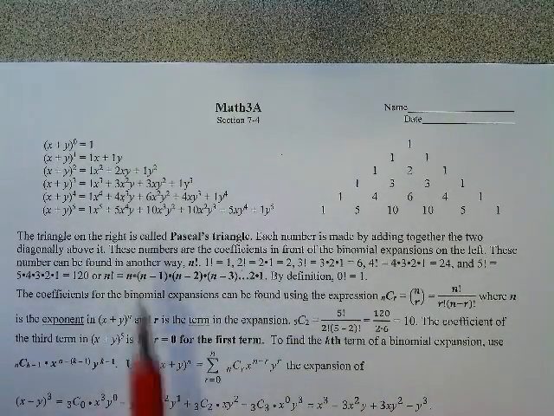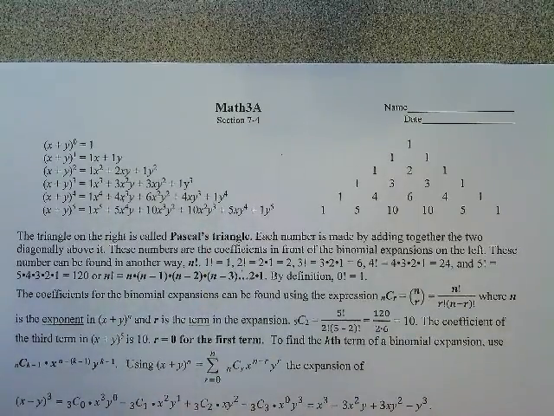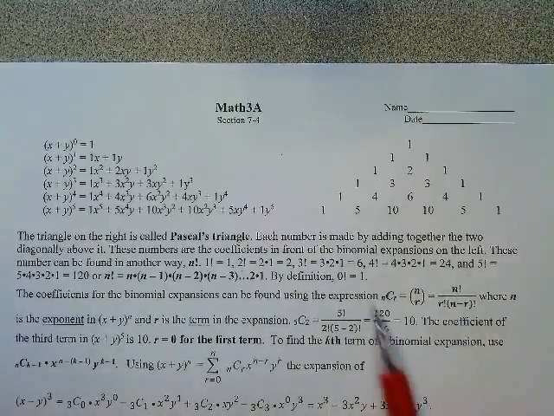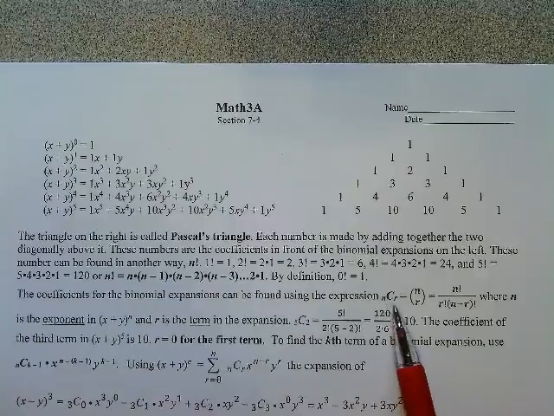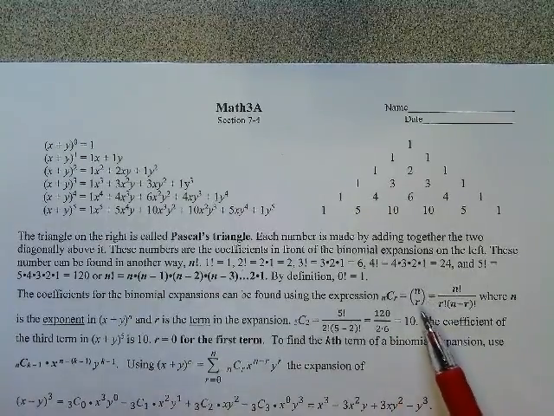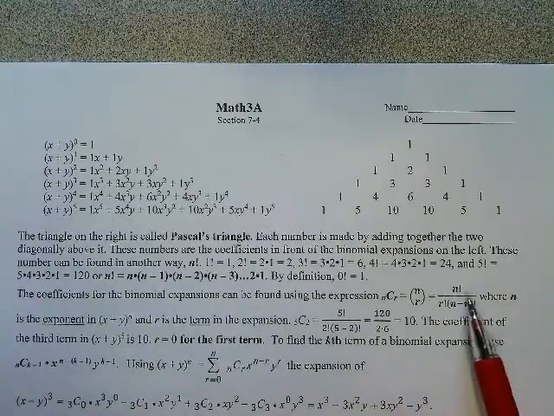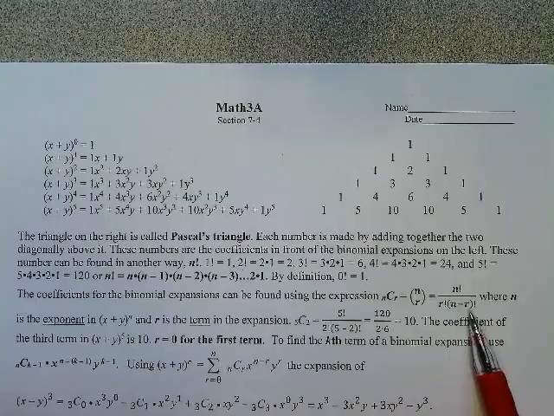Well, it turns out that the coefficients for a binomial expansion can be found by this pattern here, which sometimes you'll see written as nCr or n over r inside of brackets, and it equals n factorial over r factorial times n minus r factorial.